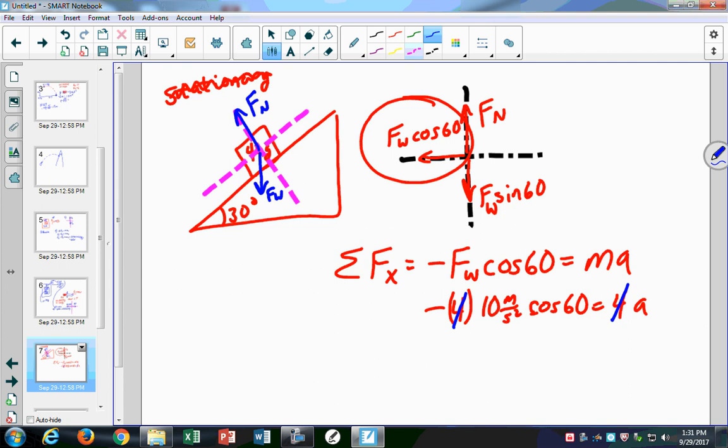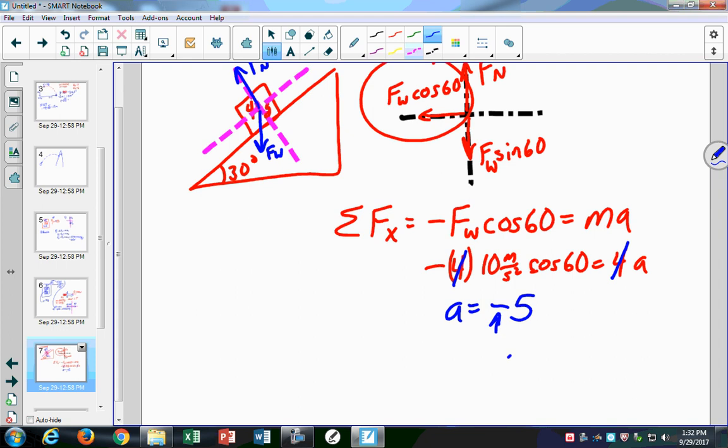And so A is 10 cosine 60, which is A is negative 5. And the negative means, in this case, that it's going down the inclined plane. Usually this is obvious when you're looking at it, as far as the answer. Obviously it's going to go down the inclined plane. But that's what that negative means. Okay?